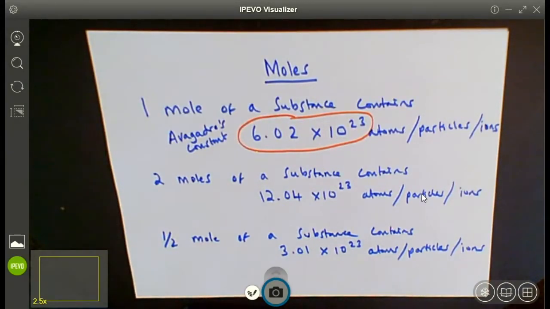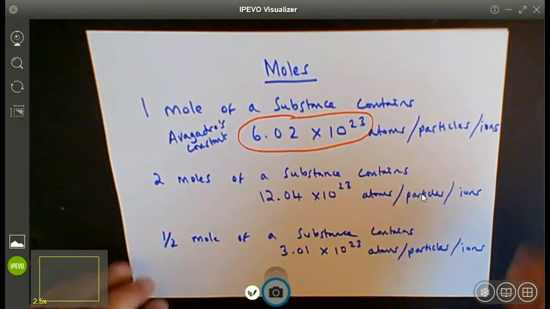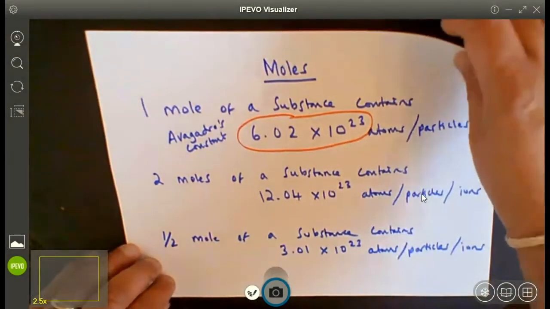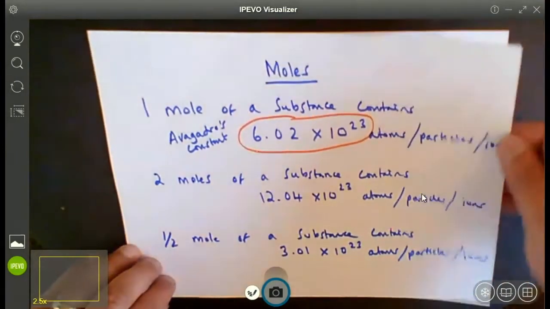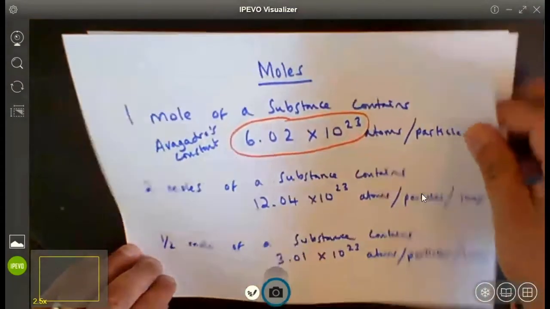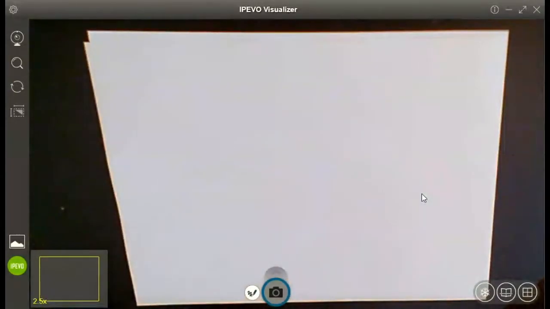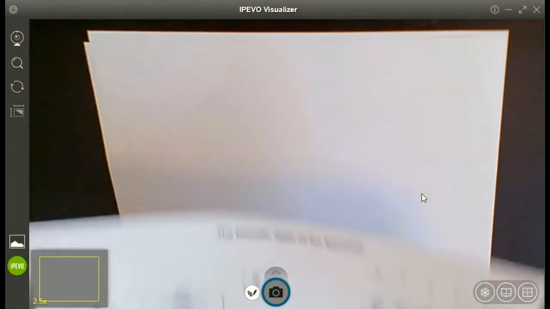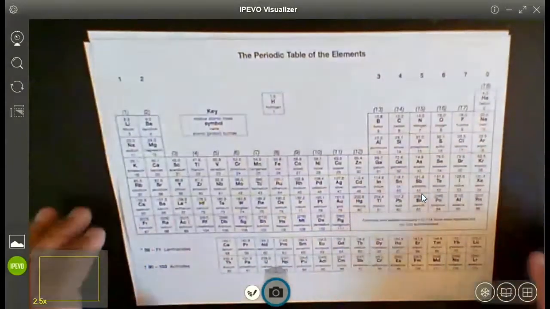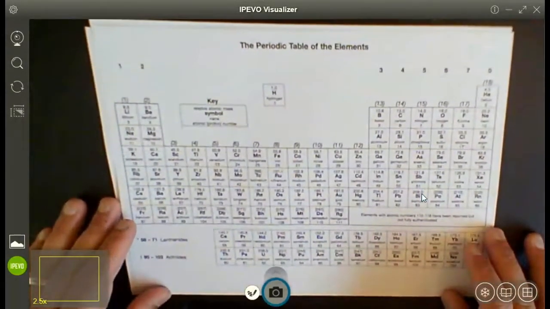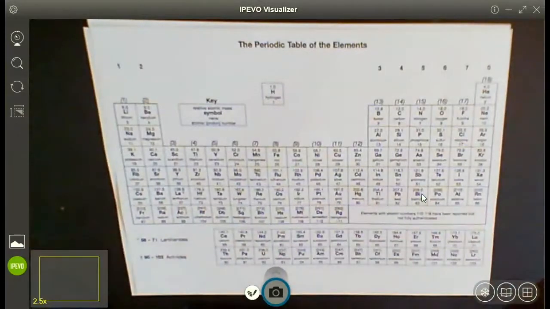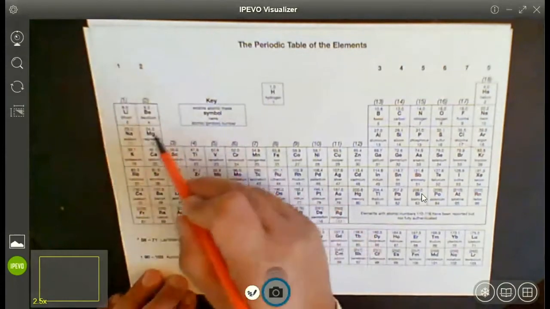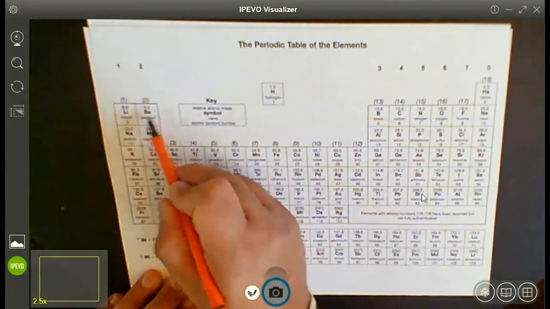Now we need to relate moles to our day-to-day chemistry, and I want to refer back to our periodic table. So the essence of using Avogadro's constant and moles, and when doing any mole calculations, is that you look at the elements, the symbols, and you have the mass numbers.